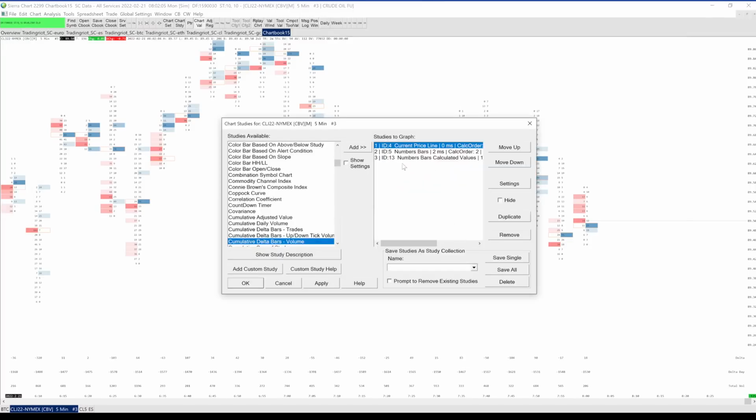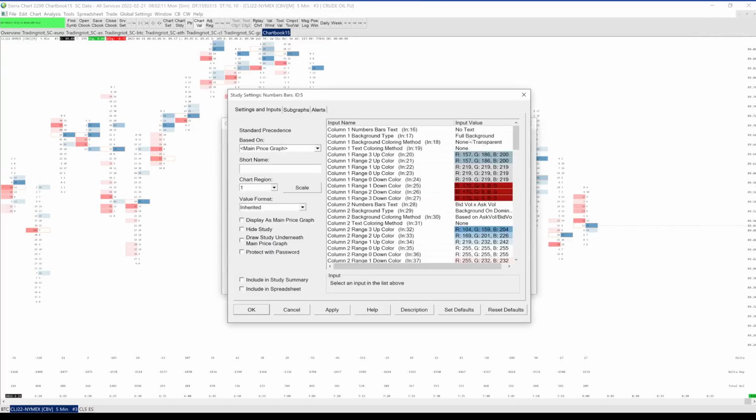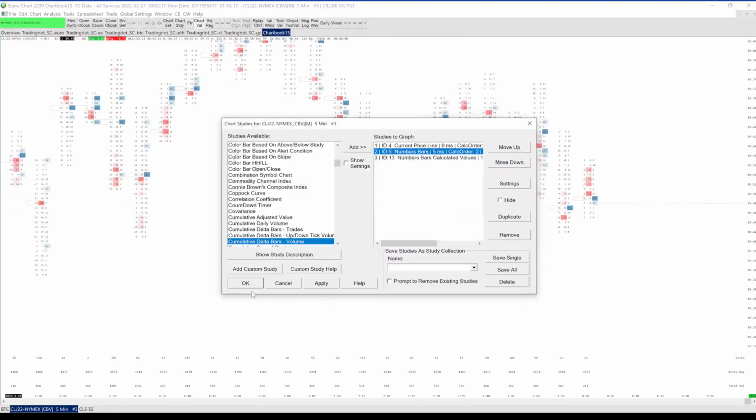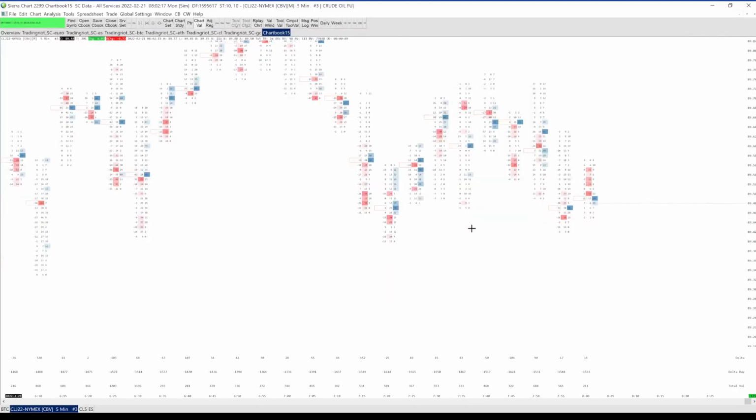If I change the settings of this footprint and add it as a next number, you can see now that on the left side you have a delta for each level. Like I said, here you have -5, -6, here you have 6, and so on and so forth.